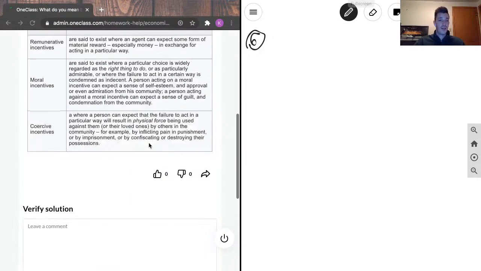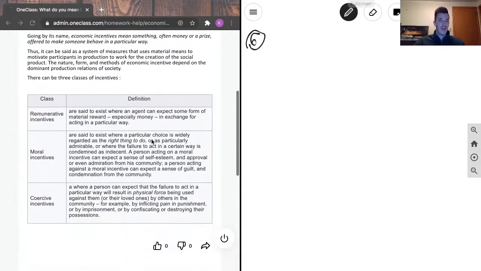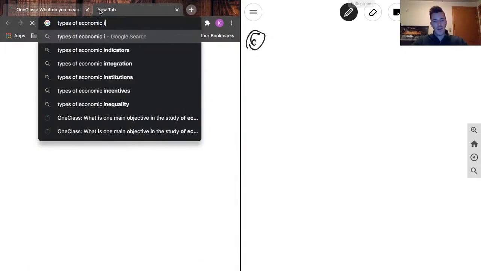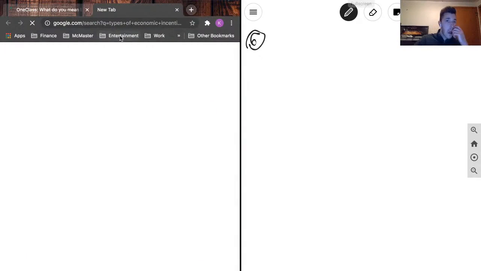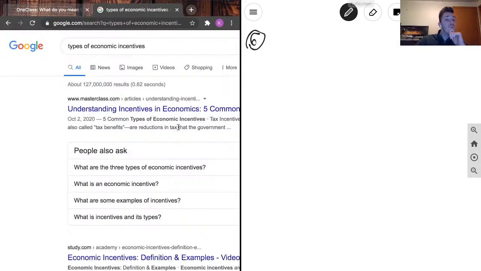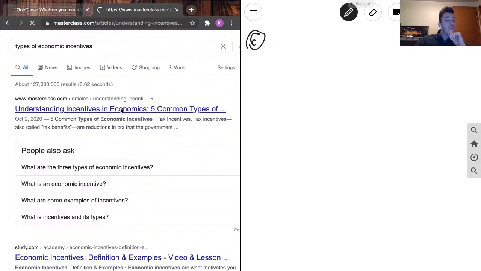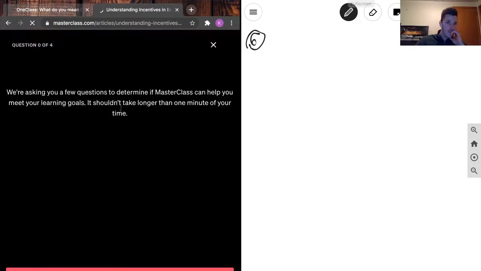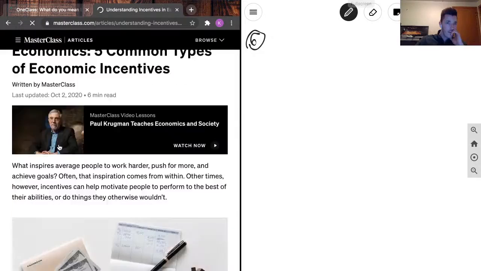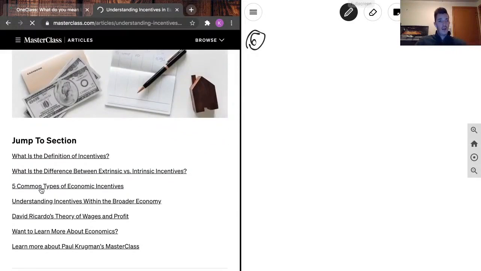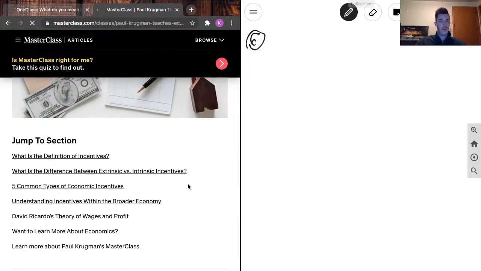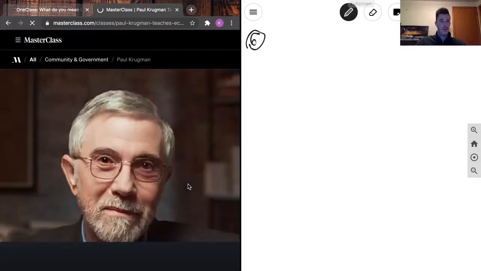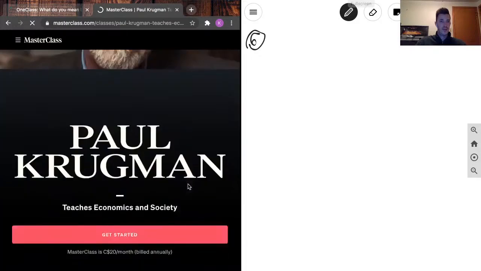I suppose I should look into this quickly because I have to tell them if that's right or wrong. Maybe I'll look up types of economic incentives. Five common types. Paul Krugman himself teaching this.